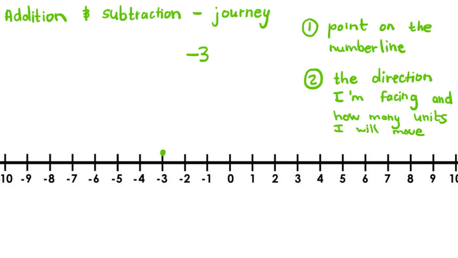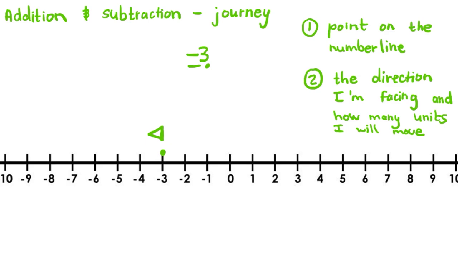Right, so the negative sign shows me the direction I'm facing. That means I am facing the negative side of my number line. The 3 means that when I move, I am going to move 3 units, 3 steps.